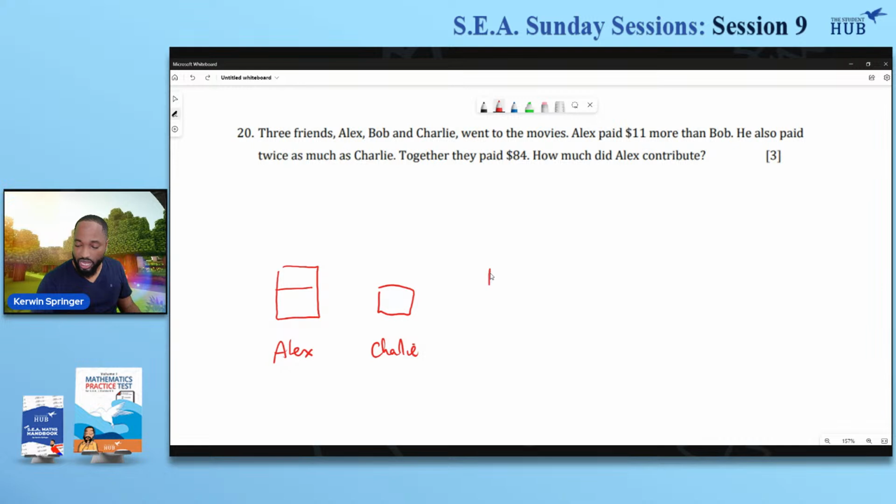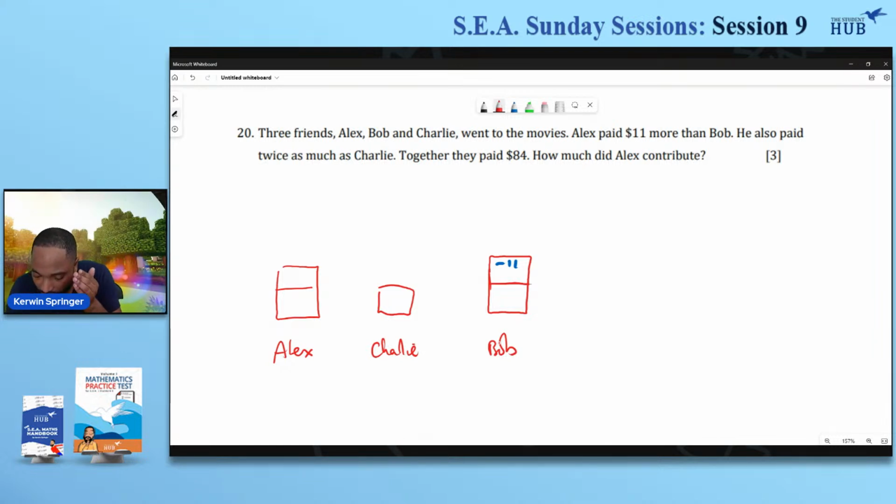Bob paid the same amount Alex paid, which is twice as much as Charlie, but 11 less, because Alex paid 11 more. So this is one of those situations where there's no working around it. I have to subtract 11 here. Instead of adding 11, I'm going to put subtract 11 for Bob. Do you all understand that? Let me double check it.